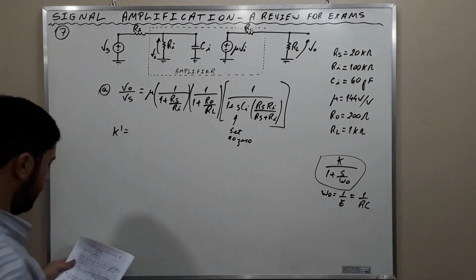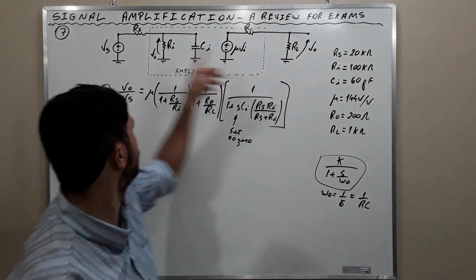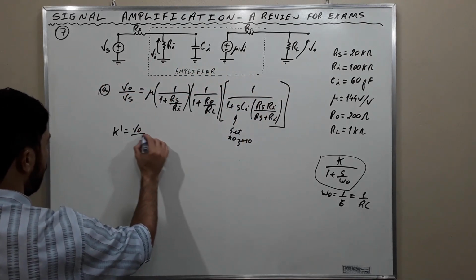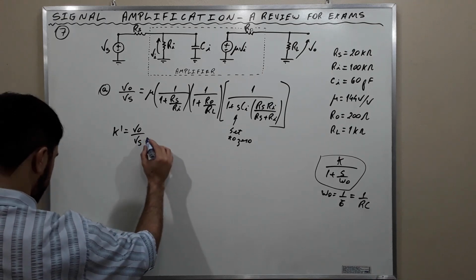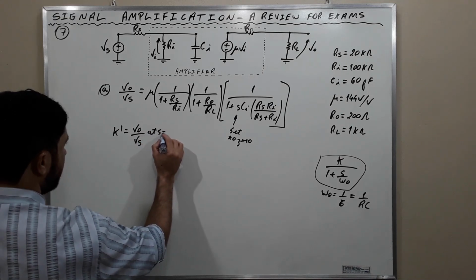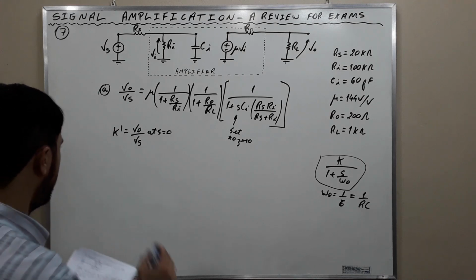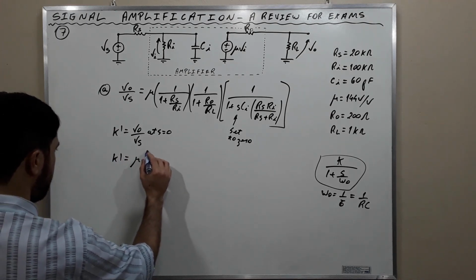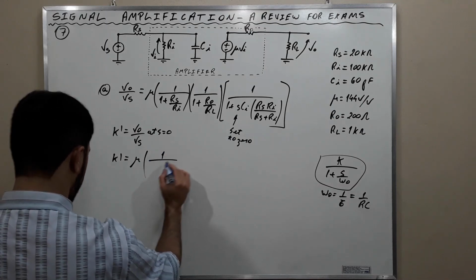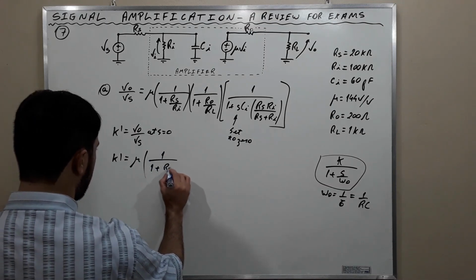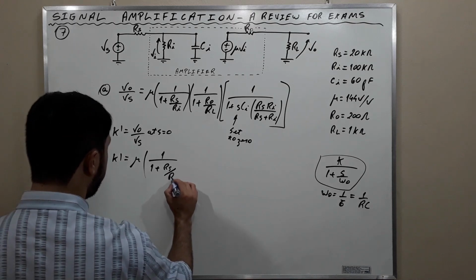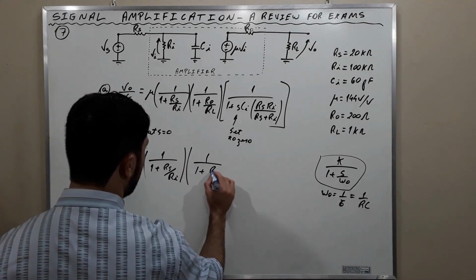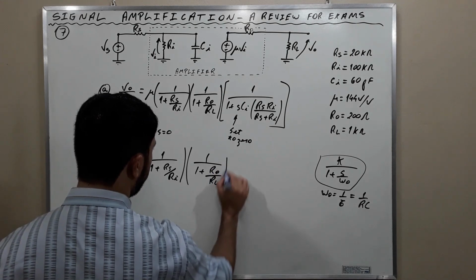K prime is the gain from load to source, which is VO over VS at S equal to 0, which is equal to mu times 1 over 1 plus RS over RI, times 1 over 1 plus RO over RL.